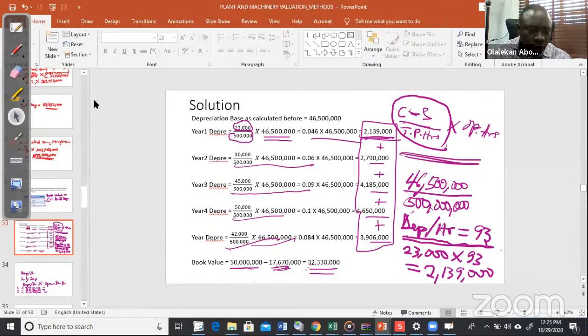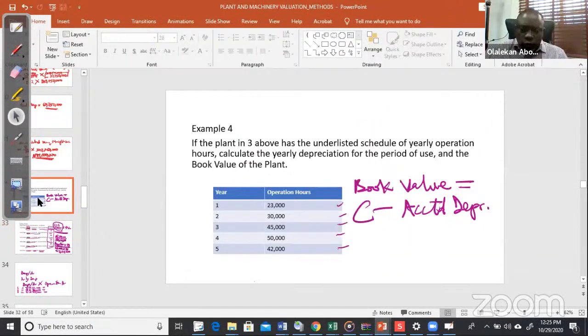So let me go back to the question for people that want to write the question. So I will take this to equally represent my explanation. I will just show you the formula for unit of production so that I can move on to another method. Because unit of production follows the same process.